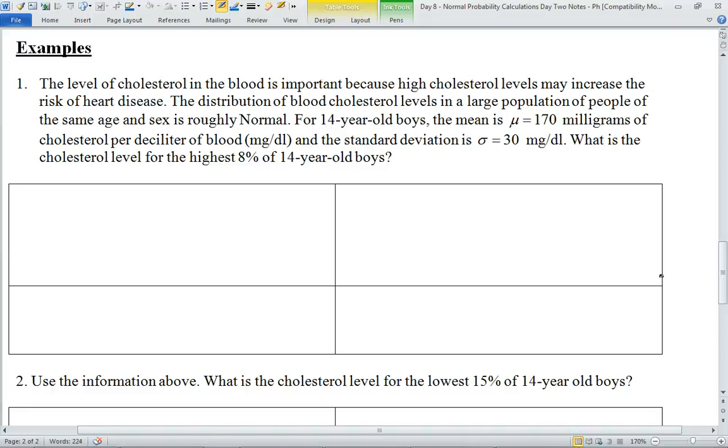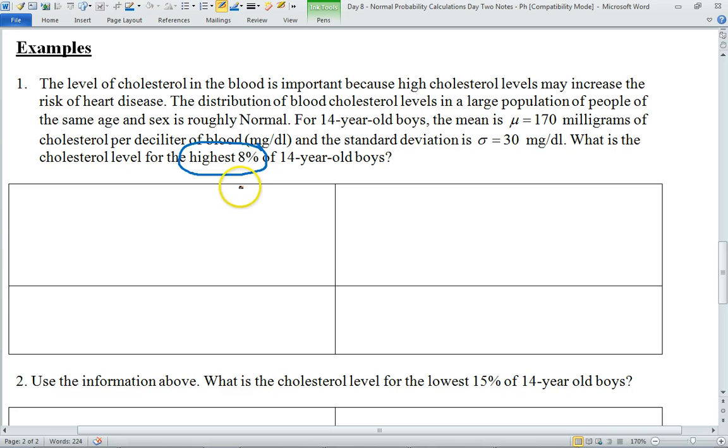Let's go ahead and do problem number 1. The level of cholesterol in the blood is important because high cholesterol levels may increase the risk of heart disease. Does this sound familiar? Weren't we working on a problem like this yesterday? But remember, the reason why this one's going to be different is because instead of asking you for a percent, this time I'm giving you the percent, the highest 8%.